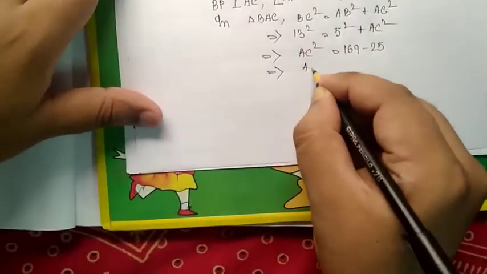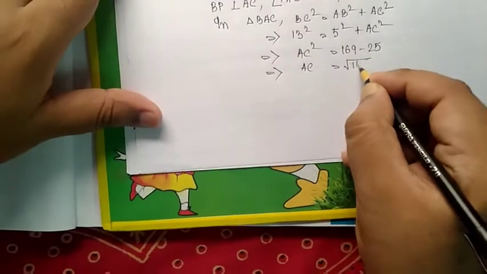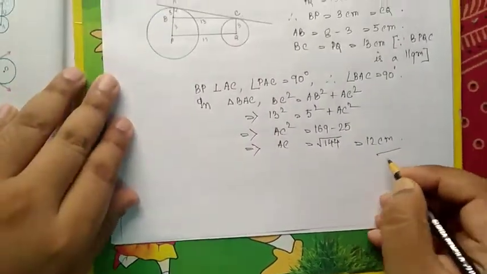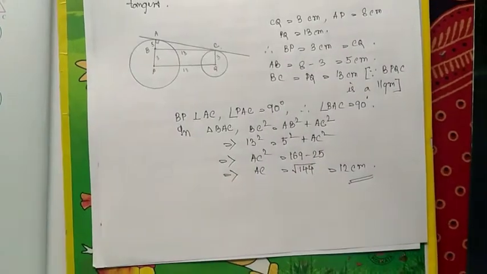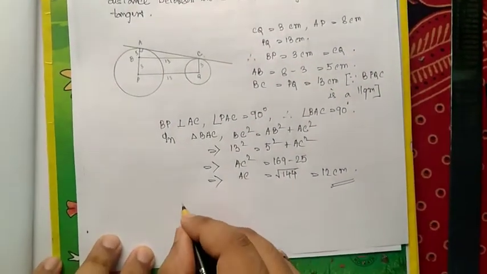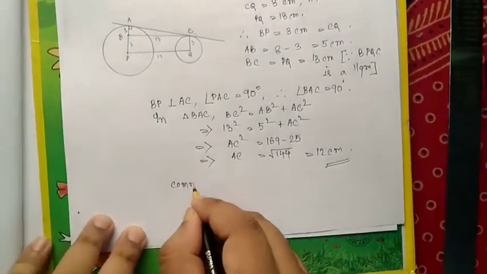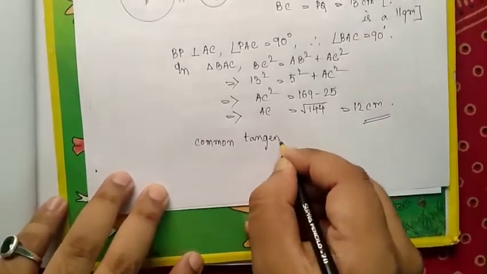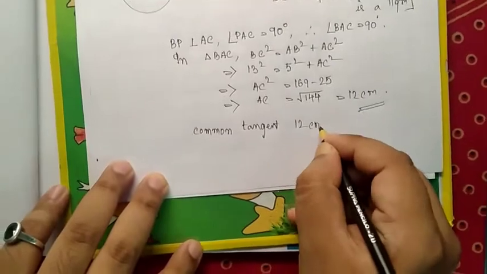So AC equal to root over 144 equal to 12 centimeter. So therefore the common tangent is AC, which is gonna be 12 centimeter. Very important sum, very important.